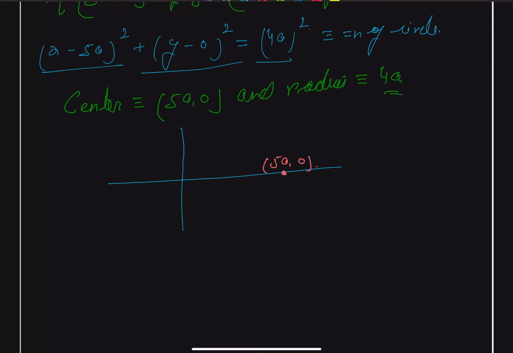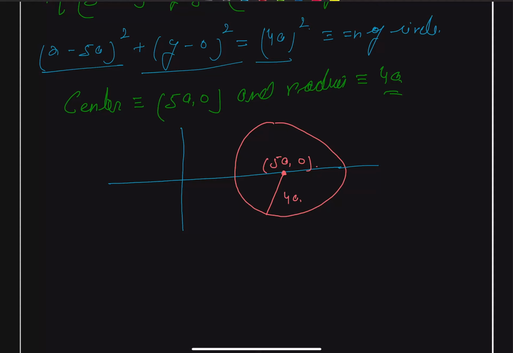So we can say that the circle is something like this. And radius will be of 4a.